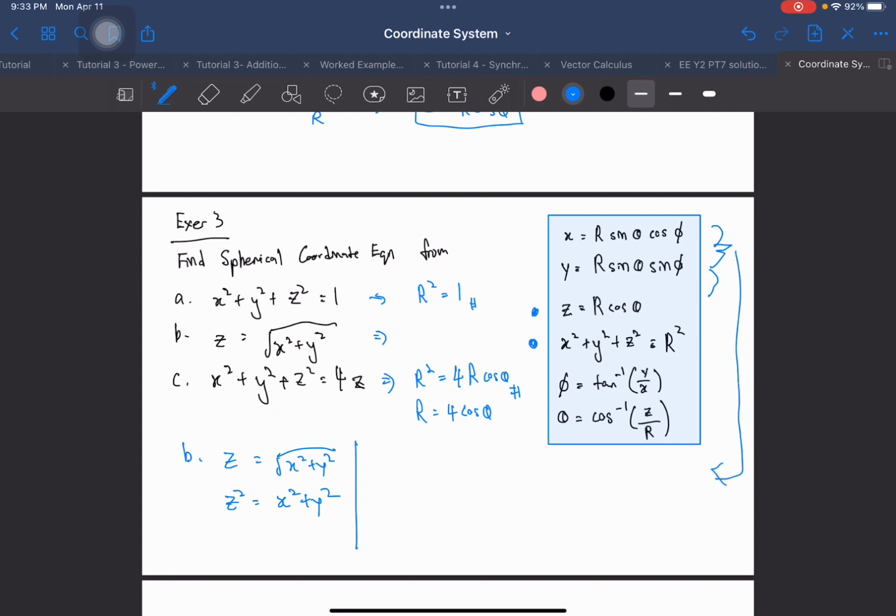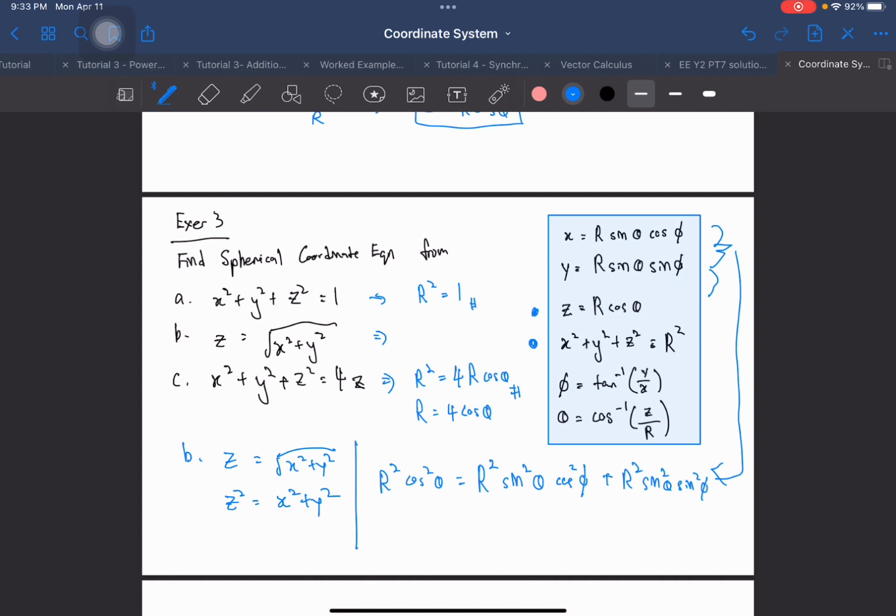So for z squared, you've got r squared cos square theta equals r squared sine square theta cos square phi plus r squared sine square theta sine square phi.